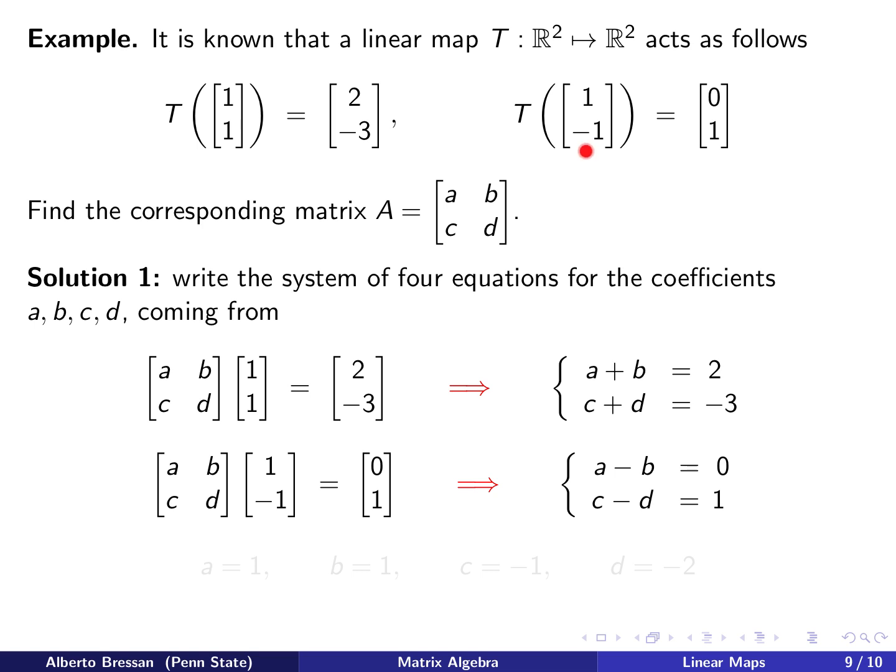And the second one, putting in (1, -1), I should get (0, 1). So A minus B is 0, and C minus D is 1. So we have 4 linear equations and 4 unknowns, and we can go about and solve it. If you solve this, you'll find out A and B are 1, C is -1, and D is -2.